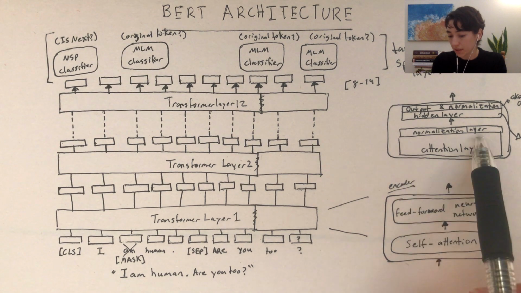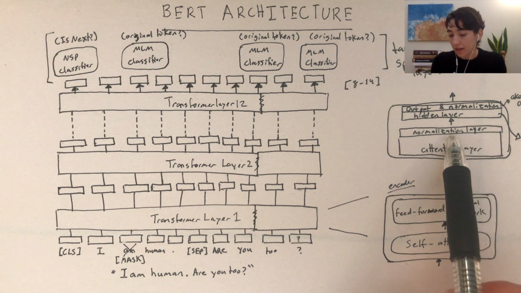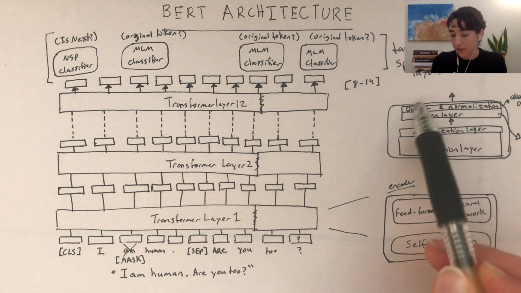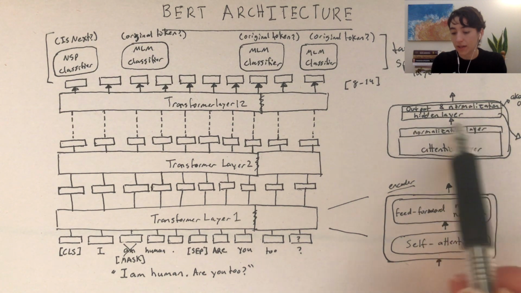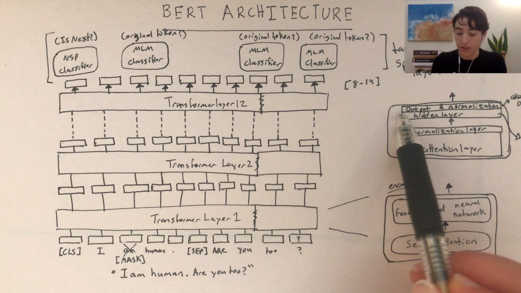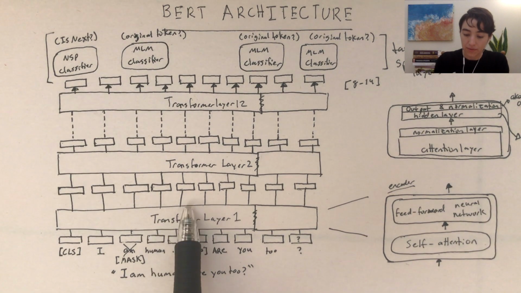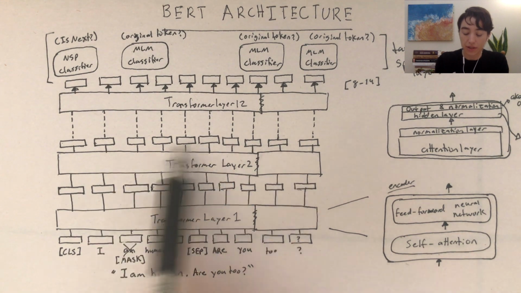Our normalization layer is that multiplication by the WO weight matrix, and then that is fed into our feed-forward neural network, and that's composed of a hidden layer, an output layer, and a normalization layer before the output of this is fed into the next transformer layer.